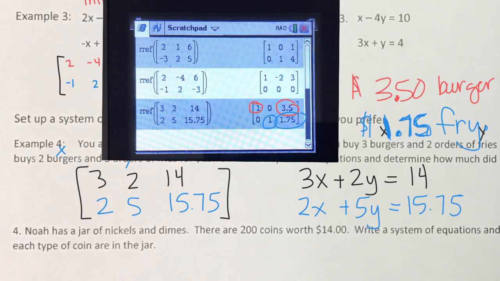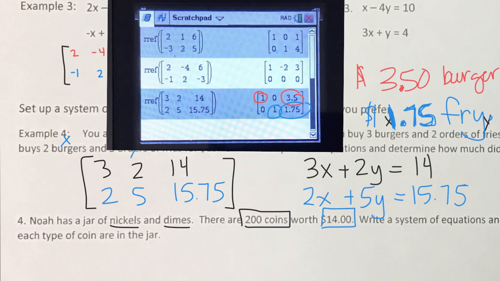So sometimes we're going to write equations that have 2 different ideas, right? Since we had burgers and fries and dollars. Well, these next ones have 2 separate, distinct ideas. Noah has a jar of nickels and dimes, and there are 200 coins with a value of $14.